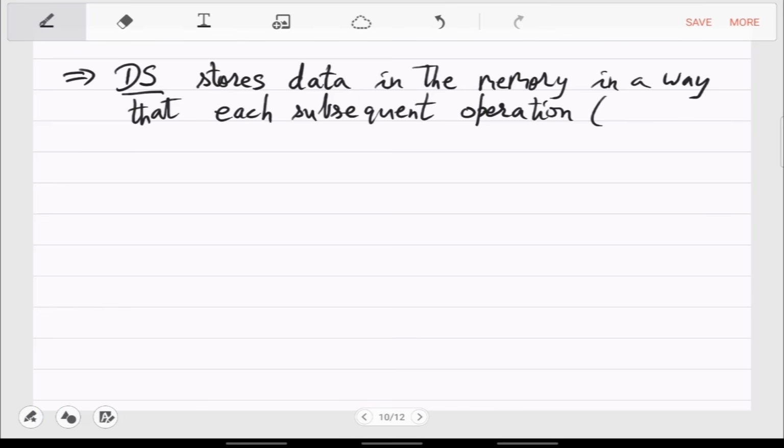So the operations, we'll call them query and update. Okay, so each subsequent operation is fast. So ultimately we want this policy, this DS, to give us fast operations. They should be fast.